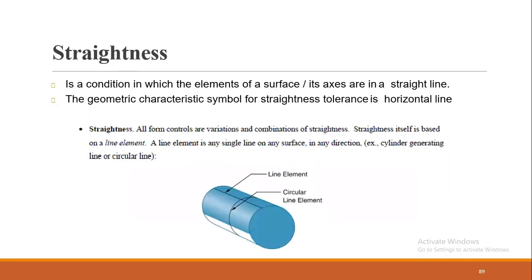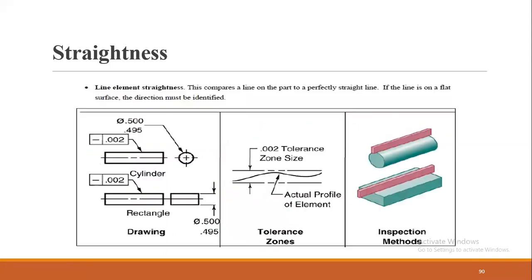It's straightness. This one is the straightness representation. It is the condition in which an element of a surface or its axis is in a straight line. The geometrical characteristic symbol for a straightness tolerance is a horizontal line. If you have this cylinder and you create a straight line, this line must come within the tolerance zone.